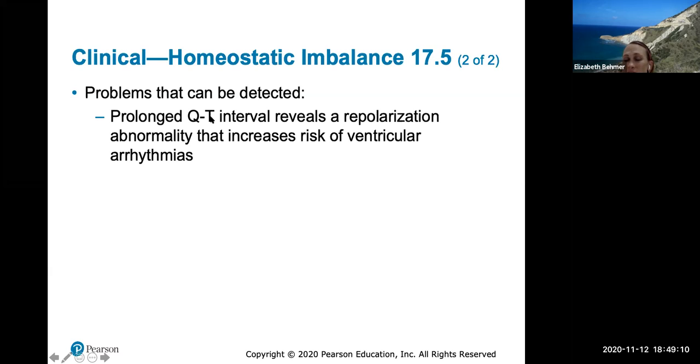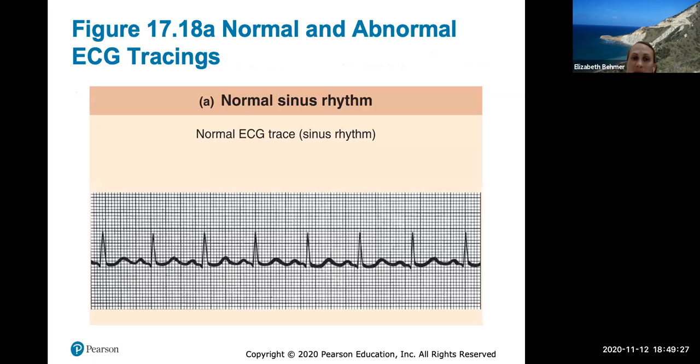The QT interval is the area between the QRS complex and the T wave, so between ventricular depolarization and repolarization. If that interval is too long, it means there's some sort of abnormality in how your ventricles are trying to repolarize or get back to normal.